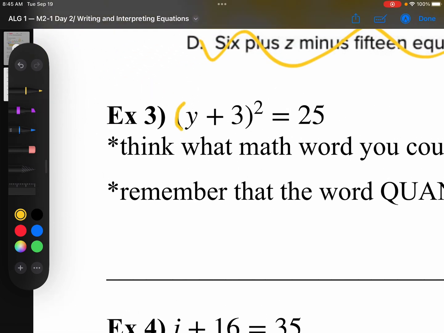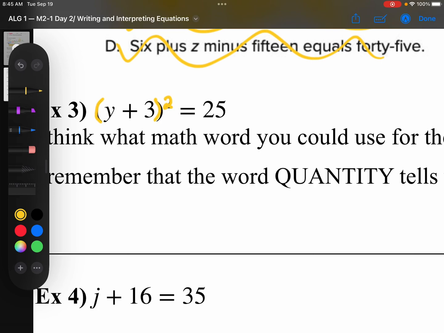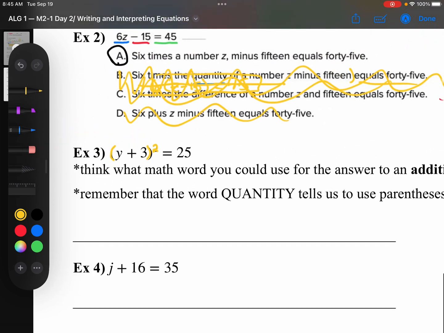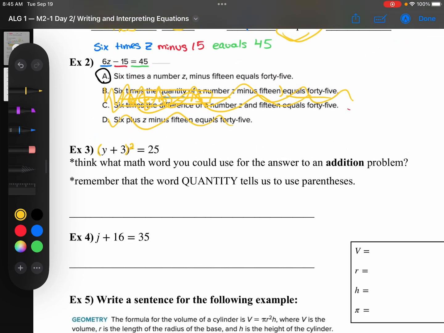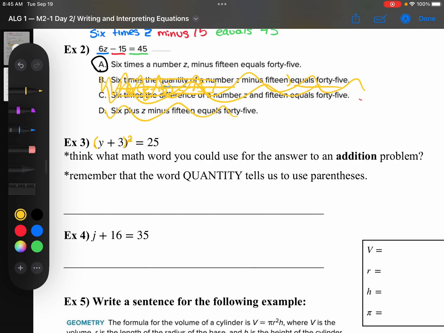So example 3, and I'm going to read it like this. I have the quantity of y plus 3 raised to the second power. You could also read that the quantity of y plus 3 squared, or the sum of y plus 3 squared is equal to 25, okay? So we need to think, what math word could we use for the answer to an addition problem? I'm going to say the answer to an addition problem is a sum, okay?